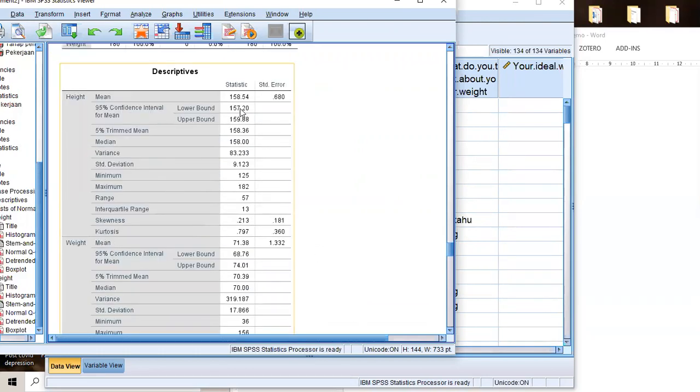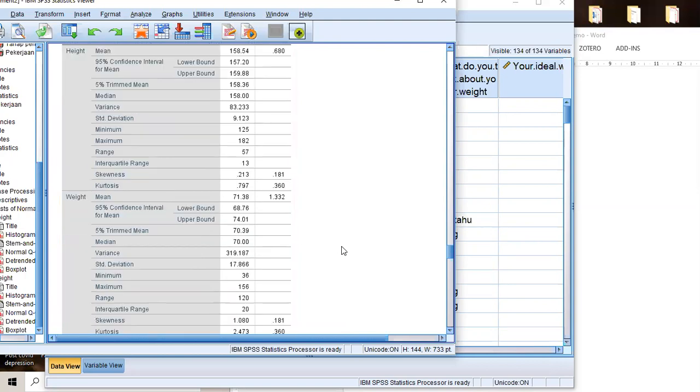Right. So mean height, 158, and the standard deviation is 9.1. Skewness is 0.2, very close to 0. We can assume the data to be symmetrical.